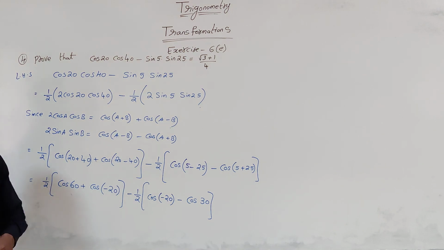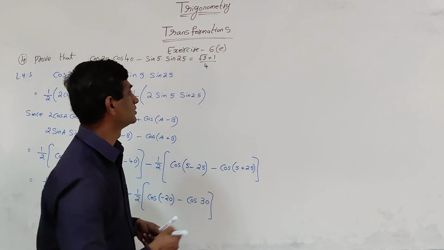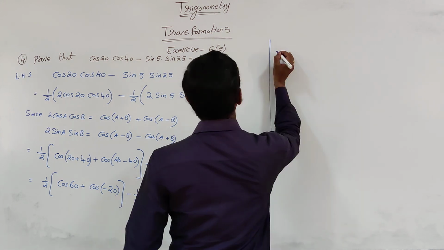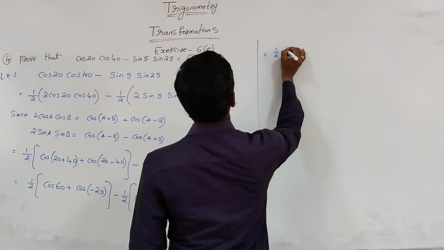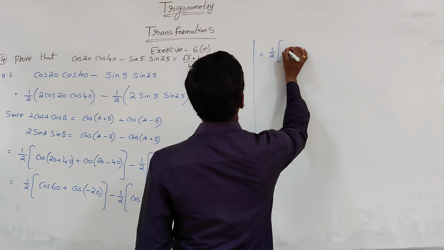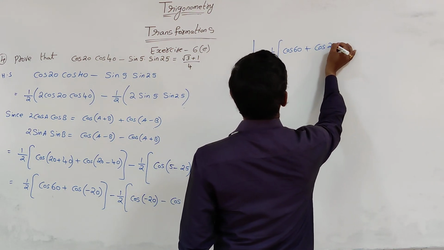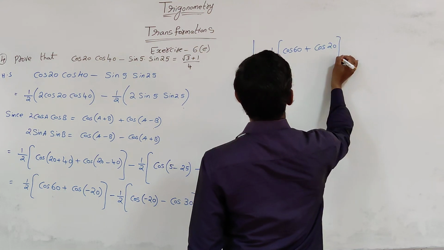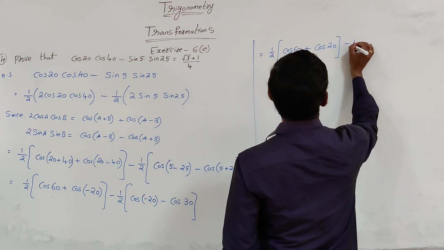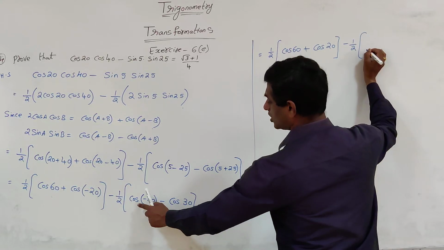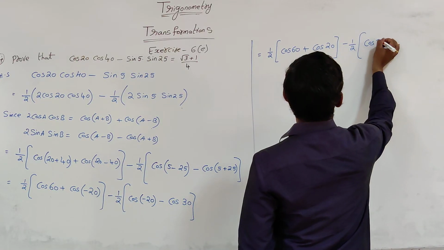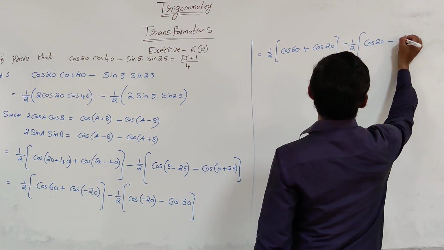But what is cos of minus theta? It is cos theta. So 1 by 2 times cos 60 plus cos 20, because cos of minus theta is cos theta, minus 1 by 2 cos of minus 20, which is again cos 20, minus cos 30.